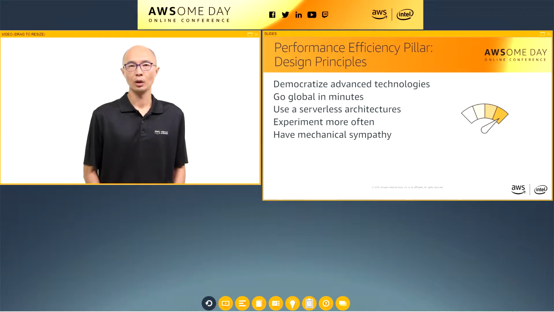With virtualization, you can quickly carry out testing to enhance efficiency. Finally, there's mechanical sympathy. This principle suggests using the technology approach that best aligns to what you are trying to achieve. Essentially, use the tool or service that best suits your needs.